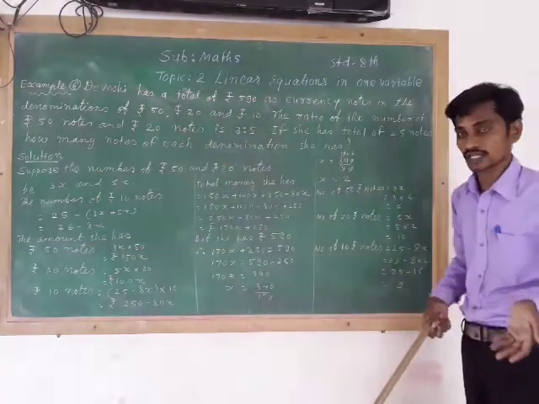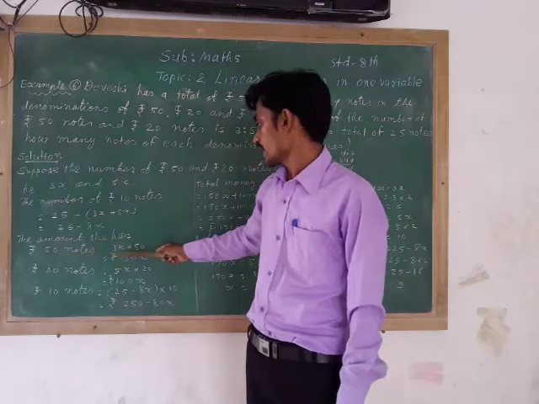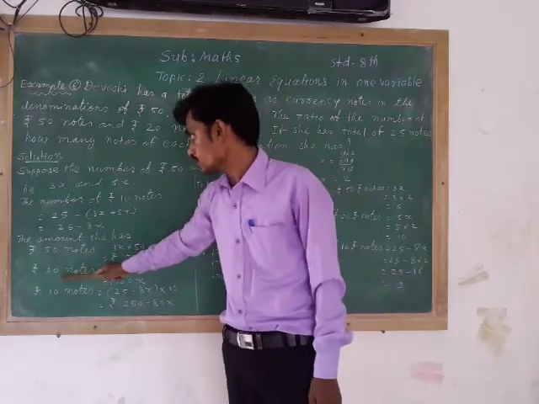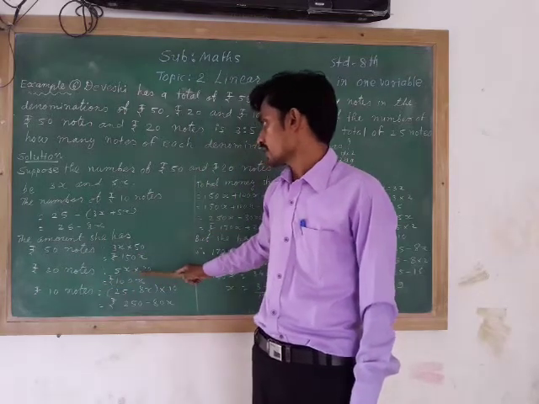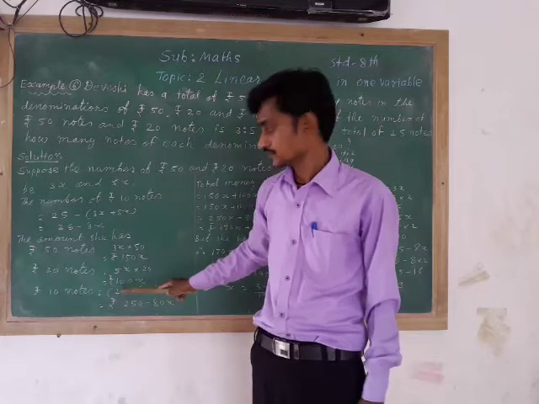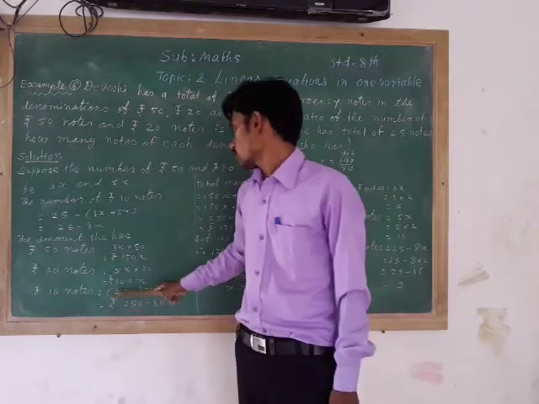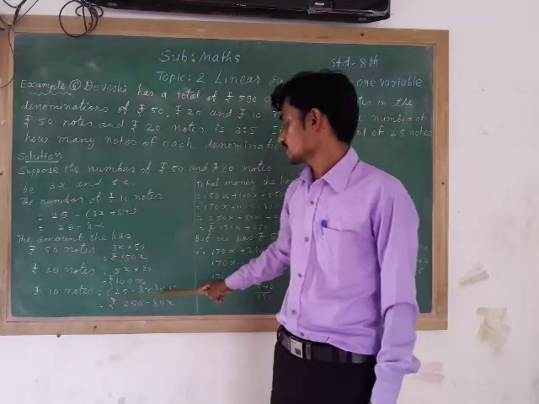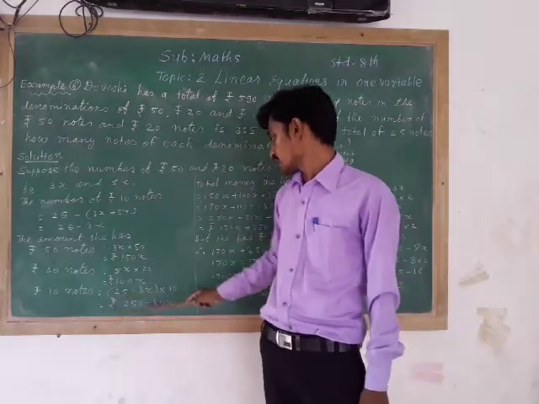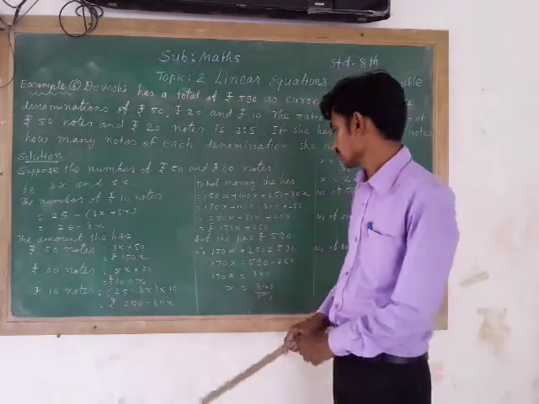For 50 rupees notes, 3x multiplied by 50 means 150x. For 20 rupees notes, 5x multiplied by 20, so 5 twenties are 100, so 100x. For 10 rupees notes, 25 minus 8x multiplied by 10, so rupees 250 minus 80x.